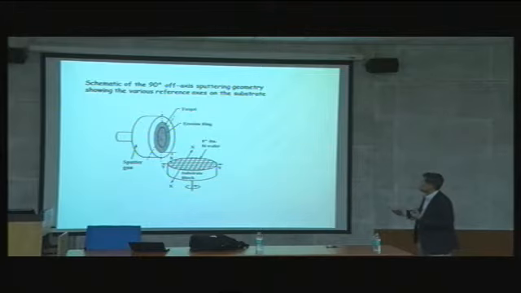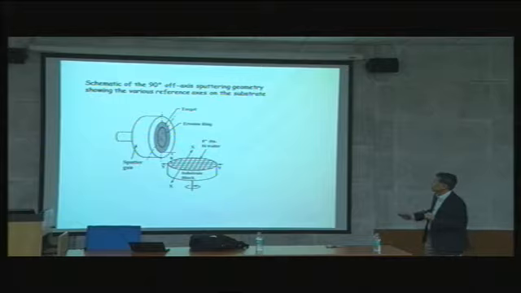This is the geometry we actually use. The erosion pattern comes from the magnets: a button magnet in the center and a ring, or donut, magnet outside, so the erosion pattern is a dark region here. More negative ions come from there, and this is the geometry I drew here.